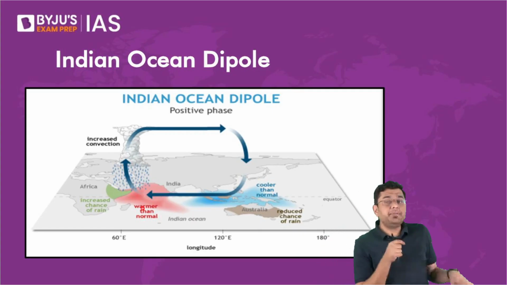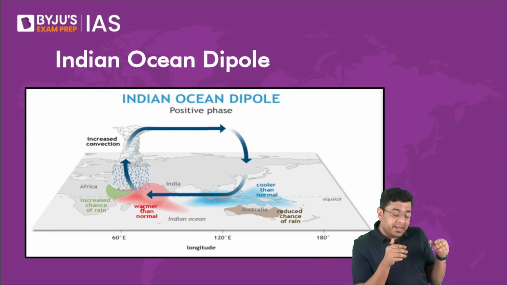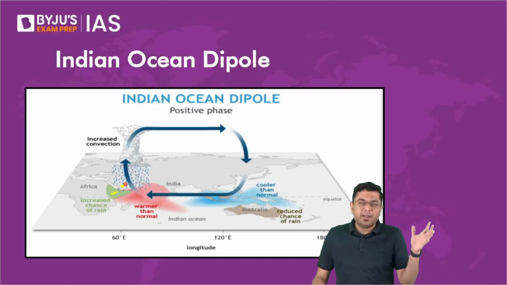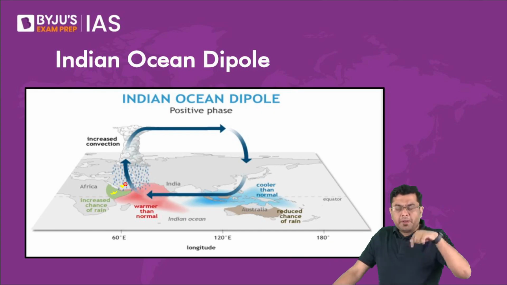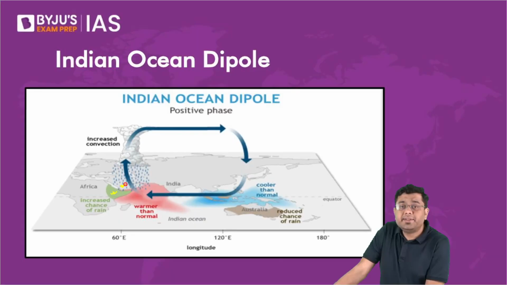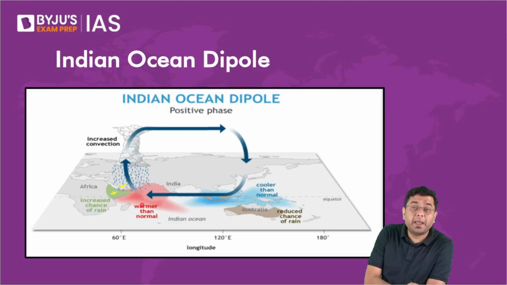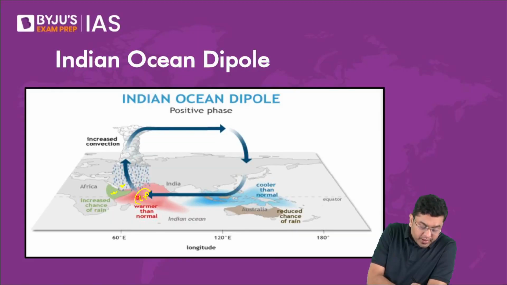Sometimes what happens is basically the African coastline, that is the Somalia coastline, and also the Arabian Peninsula, that is the region around the Persian Gulf, all the way around the Gulf of Aden. Now, these areas get very heated in certain years. So that is where they will have an impact on the nearby water body as well. That impact on the water body will create a low pressure because of a warmer water body getting created.